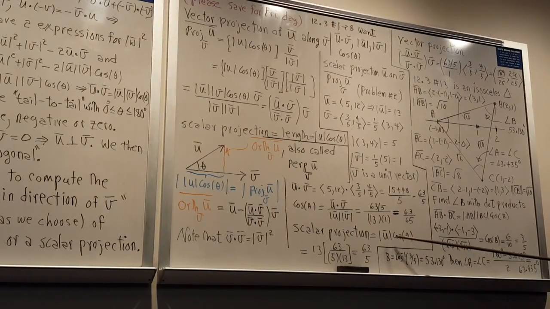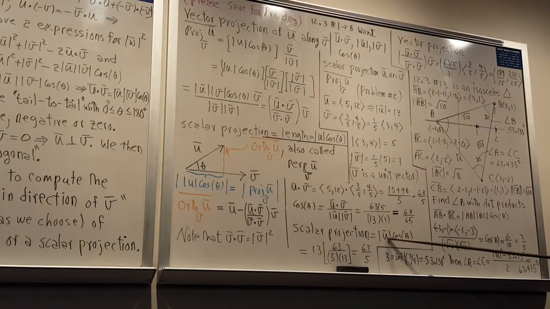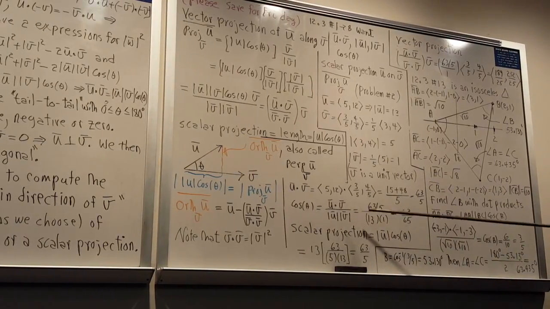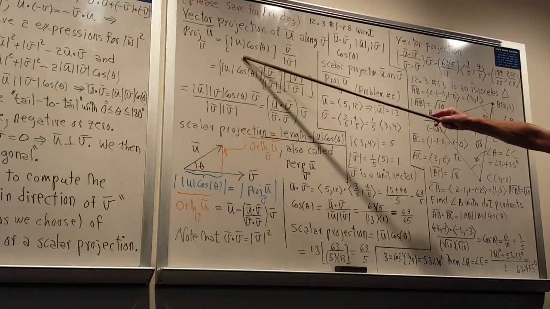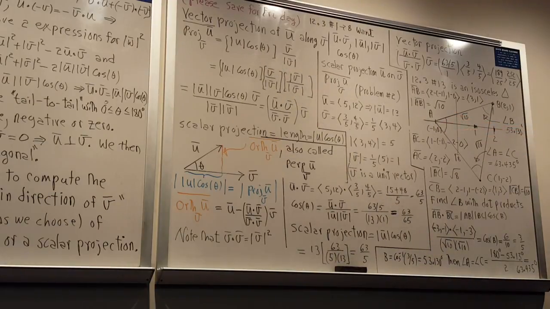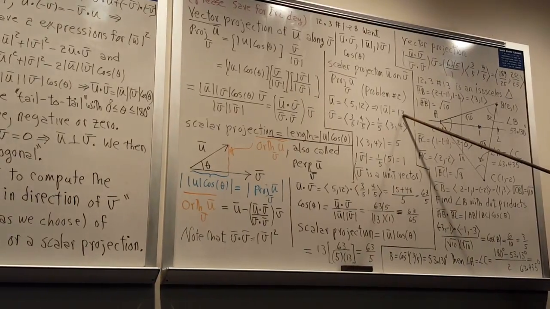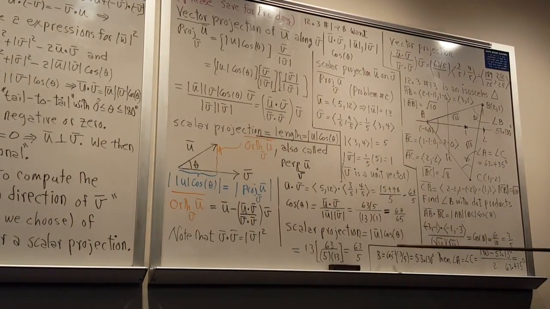So then the scalar projection, thinking u on v, is magnitude u cosine theta. See that, this part. And so we got that the magnitude of u was 13, and the cosine is 63 over 65.